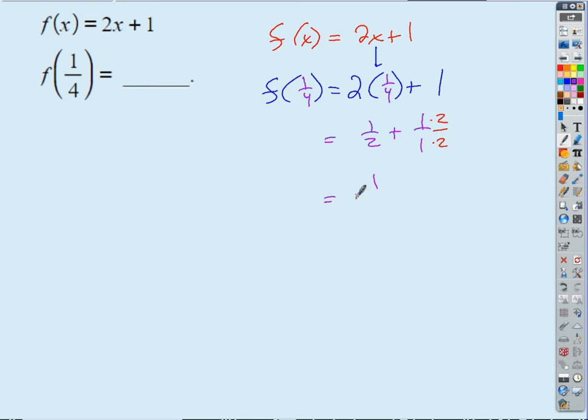That gives me 1/2 plus 2/2 equals, how many halves? 3, right? Because the denominator stays the same, and I'm just going to add the numerators in this case. I get 3/2. Whoops, that's supposed to be a 2.